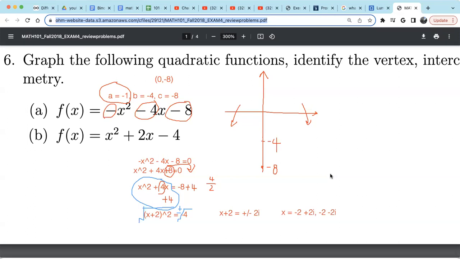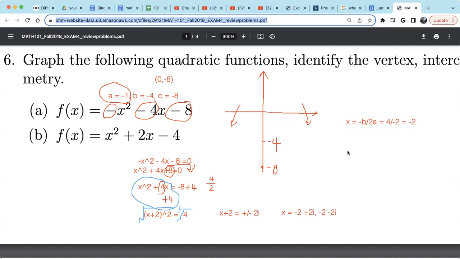The complex solutions. Now, one more thing I need to do is line of symmetry. Remember, line of symmetry, we have the x value equals -b over 2a. In our case, our b is -4. So -4 becomes +4 divided by 2 times a. 2 times -1 is -2. 4 divided by -2 is -2.